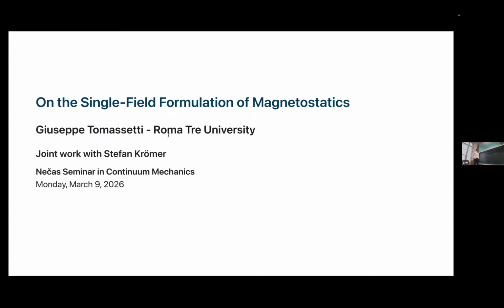Essentially, in the model of Dorfman and Ogden, one of their models, the primary state variable, which would represent the magnetic state of a body, would be B instead of M and H. And this model has several advantages, because in a sense, it's local.